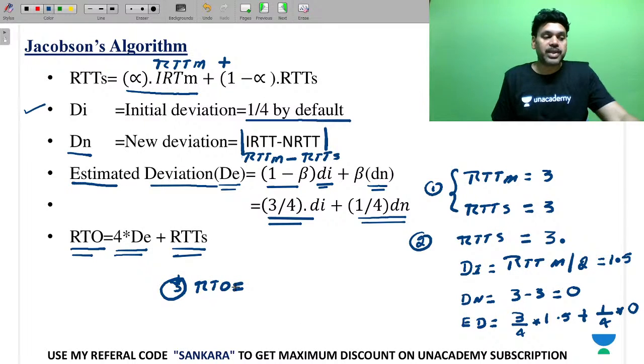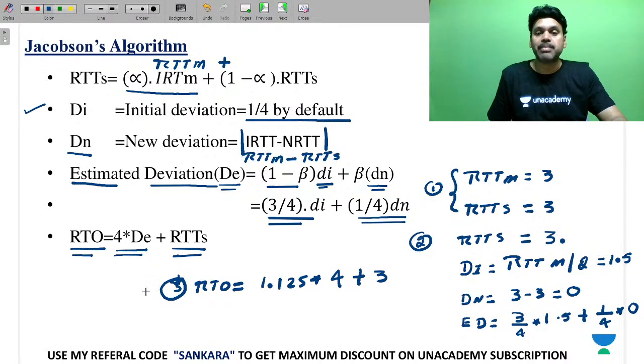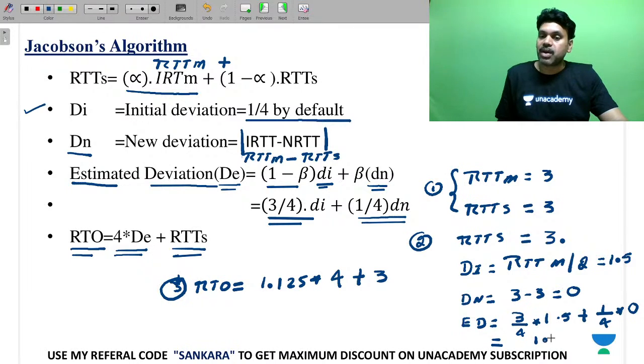Now your RTO is nothing but 1.125 into 4 plus RTTS, which is 3. So this estimated deviation you got is 1.125.